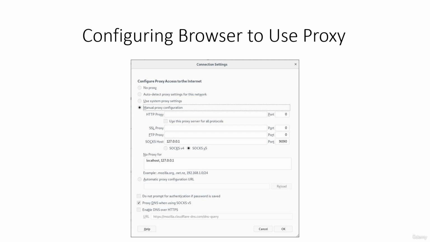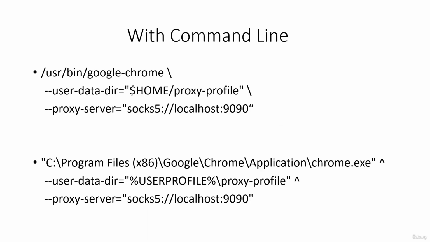There are also several plugins that can help you configure Firefox proxy settings, such as FoxyProxy. In Google Chrome, you can use the default system proxy setting instead of changing your operating system's proxy.